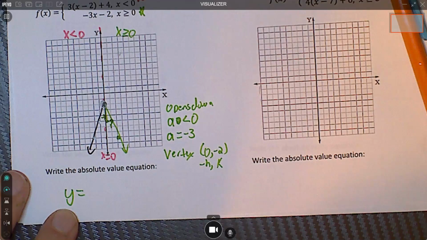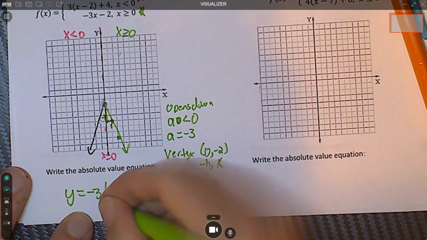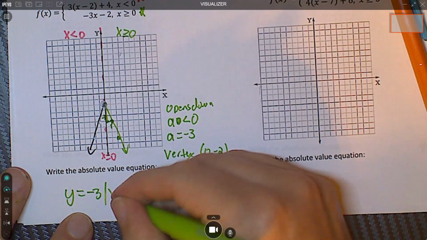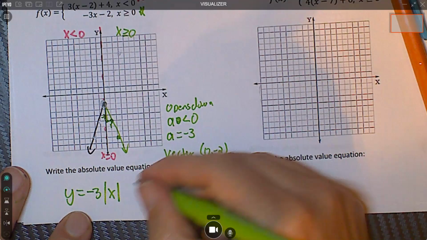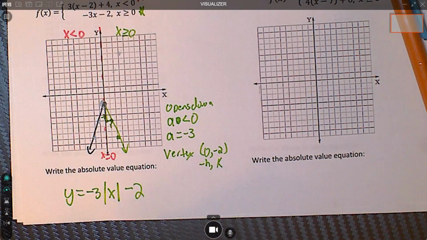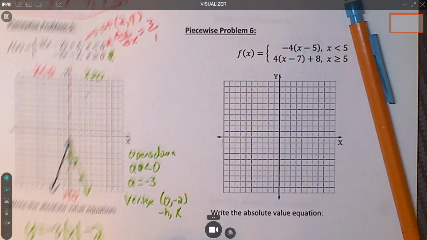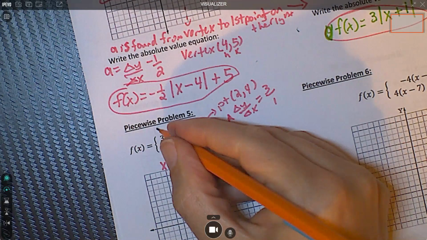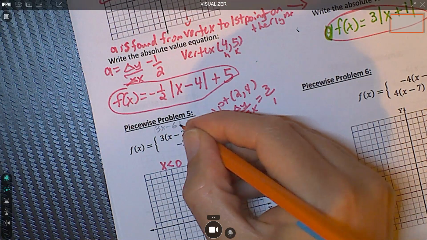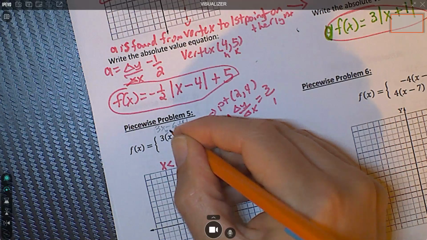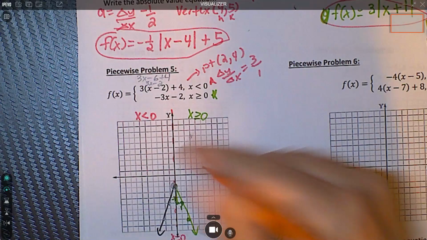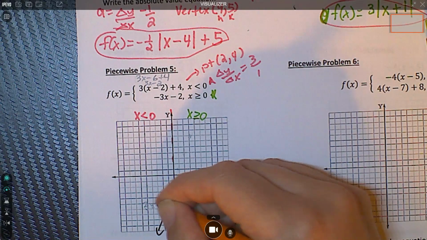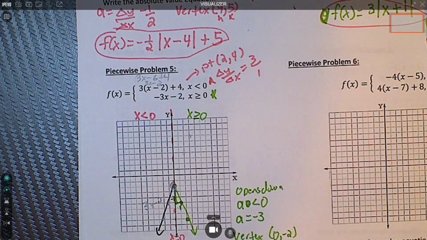Y equals -3, x minus 2. Could you have simplified that one to slope intercept? Yeah. See, and that's 3x minus 2 right there.